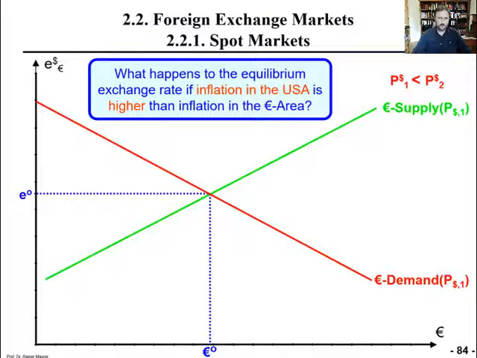The intersection point of both curves provides the equilibrium exchange rate between dollar and euro, and this would be the equilibrium transaction volume.